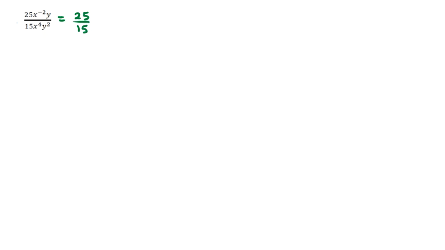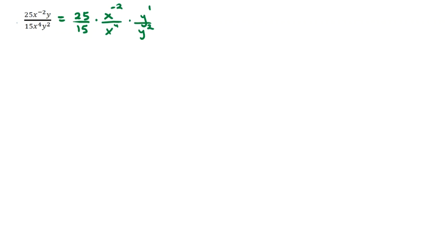So one fraction involved is 25 over 15. Another fraction is going to involve the x's, that is x to the negative 2 all over x to the fourth. And then the third fraction is going to be y to the first all over y squared.